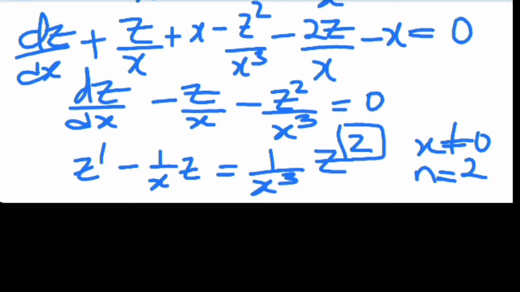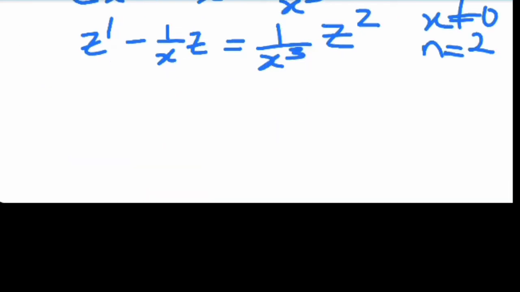Now that we have seen this, we just need to substitute what Bernoulli said we should substitute, which is w equal to y raised to power 1 minus n. So let's substitute that. Let w be equal to z raised to power 1 minus n.